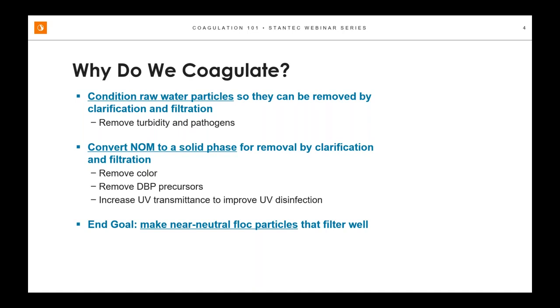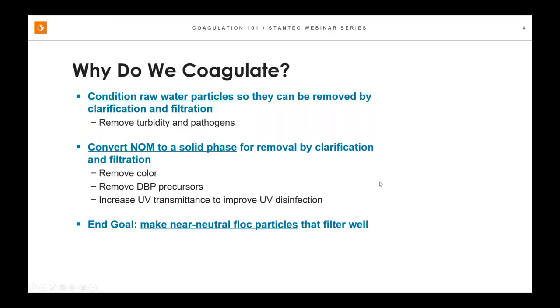It might be to remove disinfection byproduct precursors. You might be looking to increase your UV transmittance to improve a downstream UV disinfection step. But what you're going to see today is that converting that NOM and satisfying its coagulant demand is a prerequisite to getting everything to work.